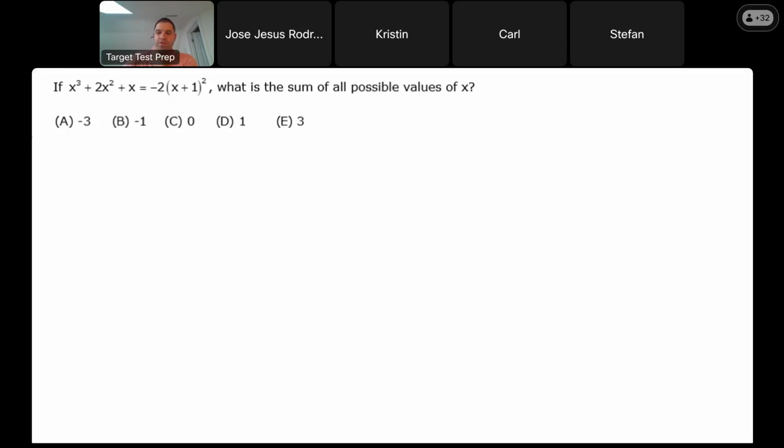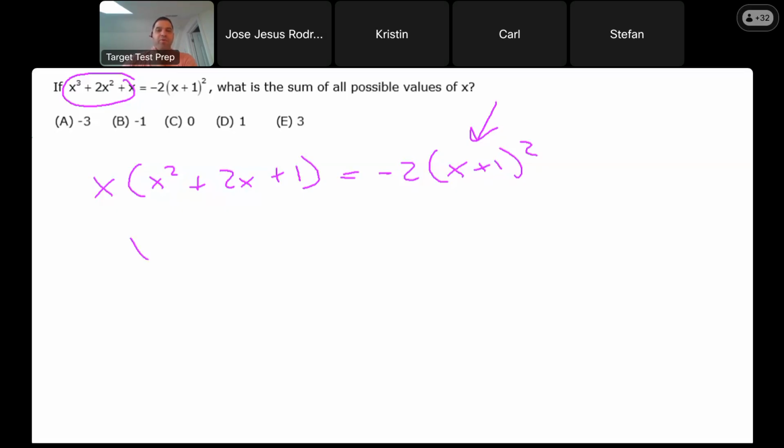All right, and similar process here. Pull out an x squared plus 2x plus 1. And if you're unsure what the left side is going to be equal to, you know it's going to have to match up with that because you're going to have to use factor by grouping. You also get it memorized.